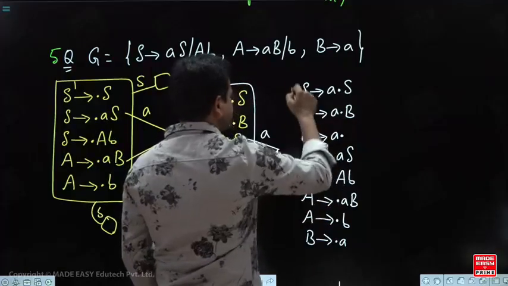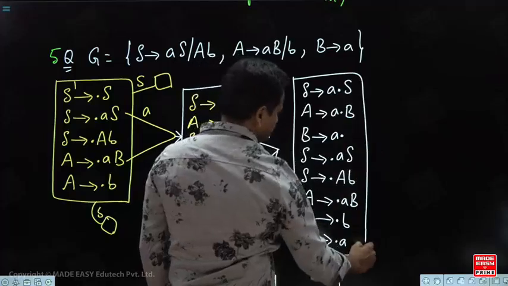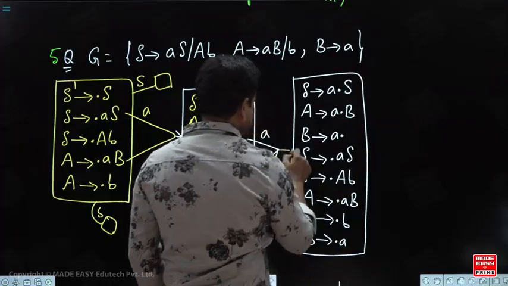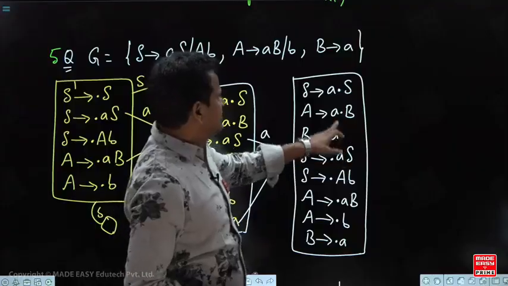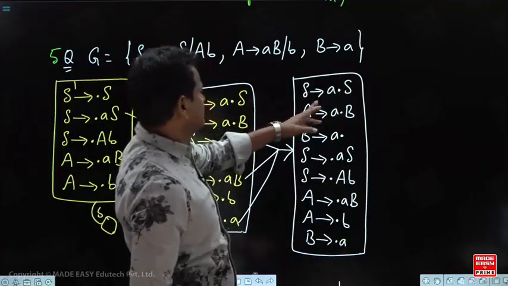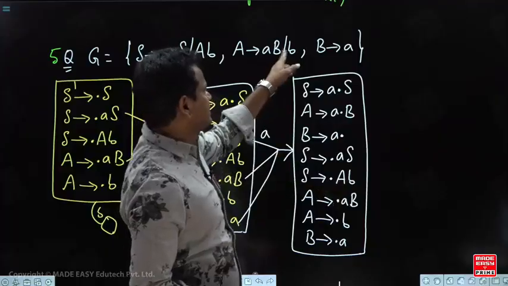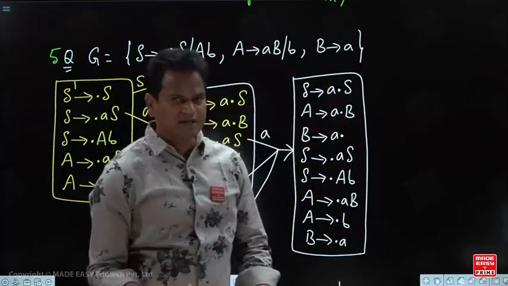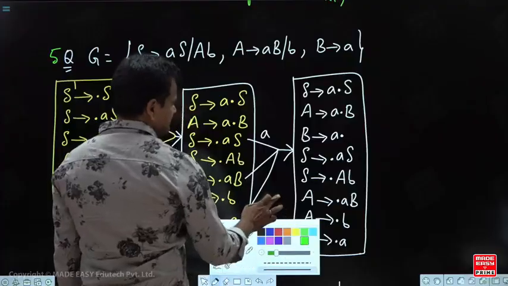Then go for checking with the follow of B, unnecessarily. So you must think like this in the examination. Whenever you have the final item, then you add S productions. When you add S productions, you get dot A, and you add A's productions, you get dot B. So you check the final item's follow with any of these shift symbols.